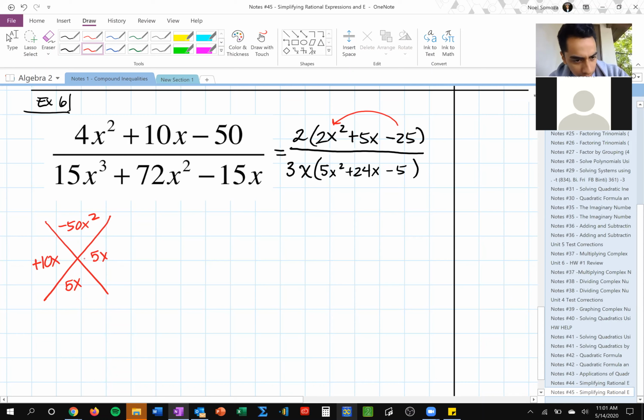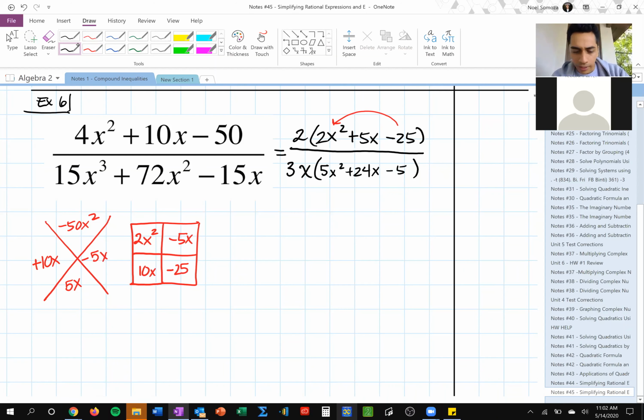It should be a positive 10 and a negative 5. Yeah, that makes more sense. So they add up to be 5, 10 minus 5 is 5, and 10 times negative 5 is negative 50. That looks okay. Now let's go to the box here. The leading term was 2x squared. The final was negative 25. We could put 10x and then also a negative 5x.